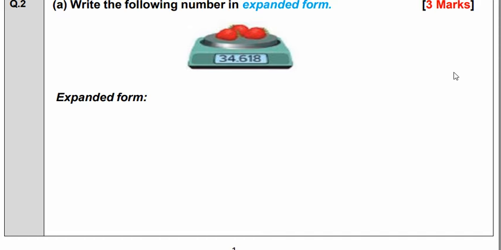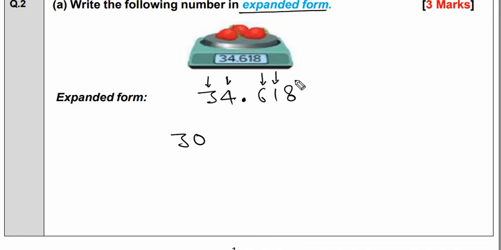Now next question is, write the following number in expanded form. So the number is given as 34.618. Now this 3 will be 30 because this is tens place, this is ones place. After the point, this is tenths place, hundredths place, and thousandths place.